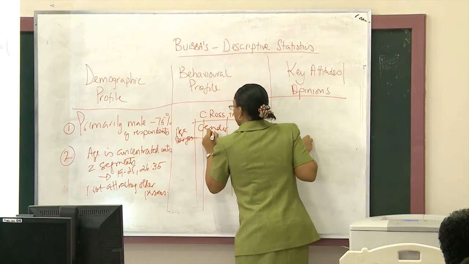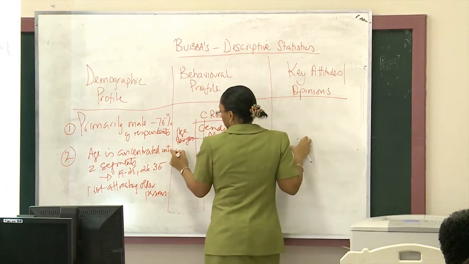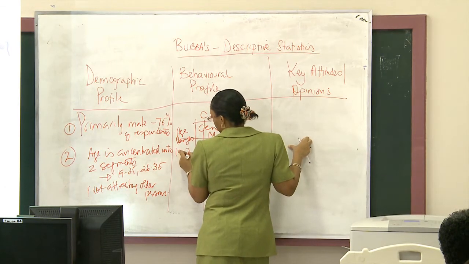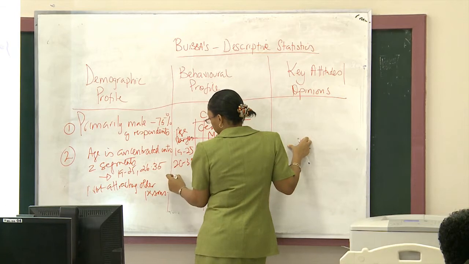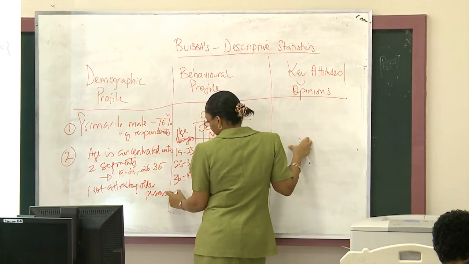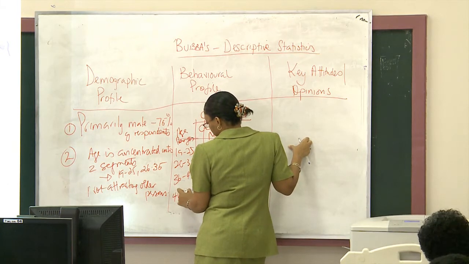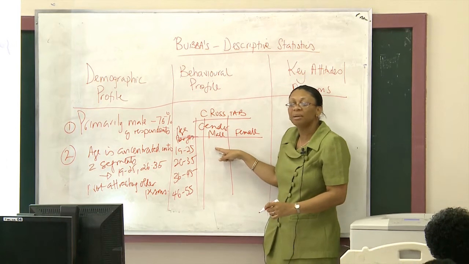So if this is male and this is female, what are the age ranges? 19 to 25, 26 to 35. What else? 36 to 45 and 46 to 55. Watch the cross tabulation.